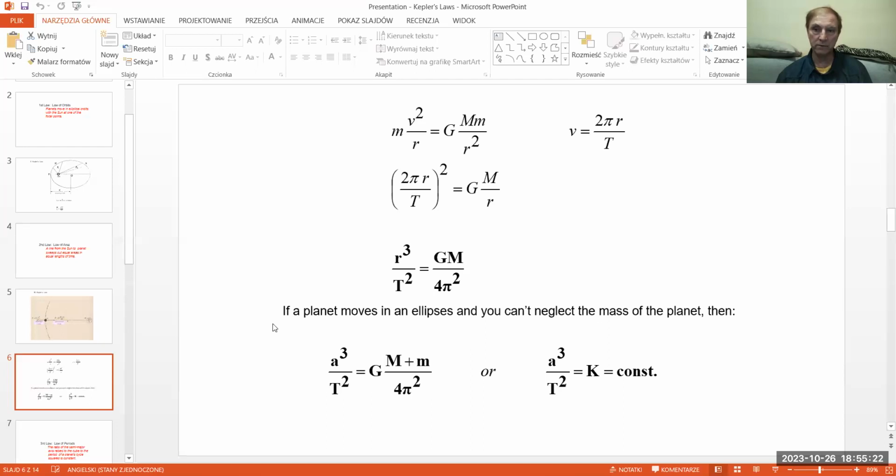I would like to remind you that the period is the time of one full cycle of the planet around the sun, if we are speaking about this situation. From circular motion, we know that the tangential velocity is 2 pi r divided by T, where T stands for the period. Let's substitute v over here.